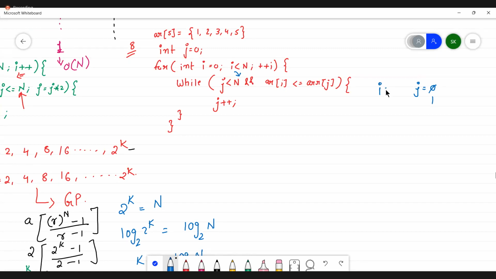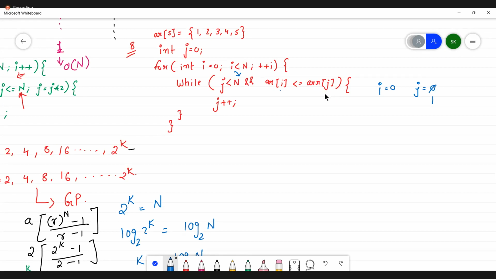And your I is still equal to 0. For the next iteration, it will again go into the while loop, and here it will check, is your j, just a minute, yeah. Now j will become 1. Is 1 less than 5, yes or no? True. Now here it will be like 1 less than or equal to 2.